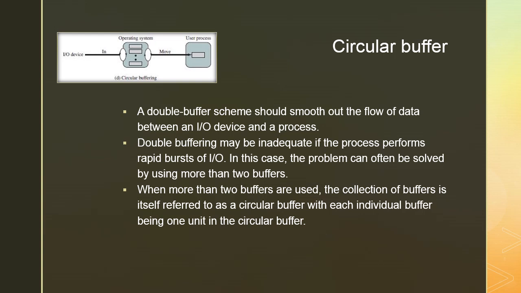After the nth block has been brought in, the process picks it from the last system buffer. After the n plus 1th block has been brought in, the process picks it from the first system buffer. This is simply the bounded buffer producer-consumer model.